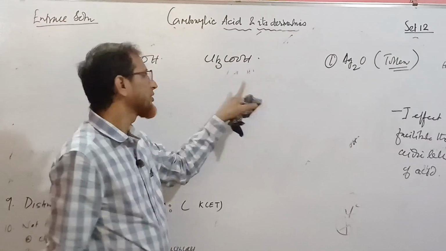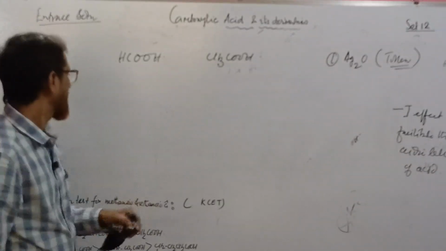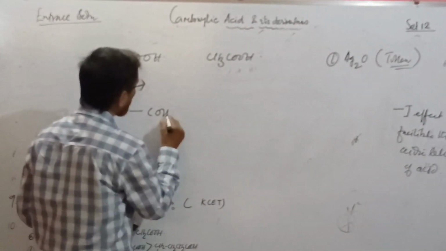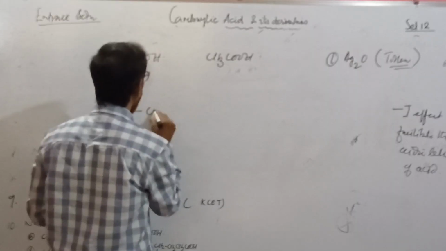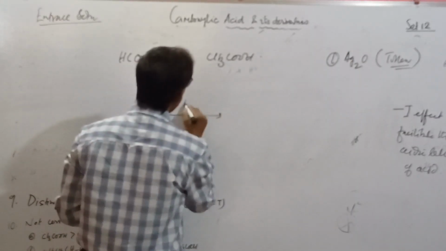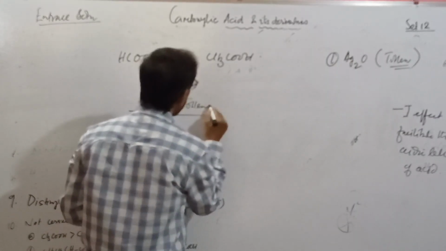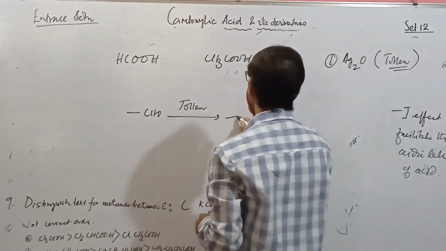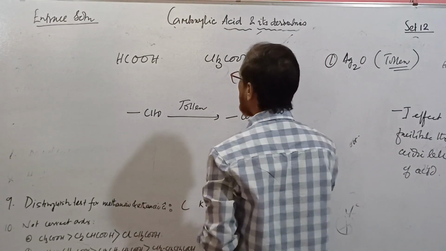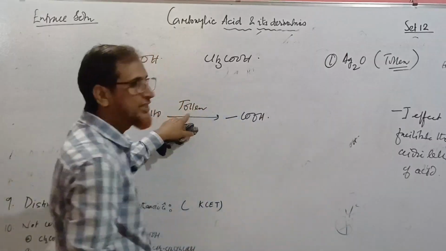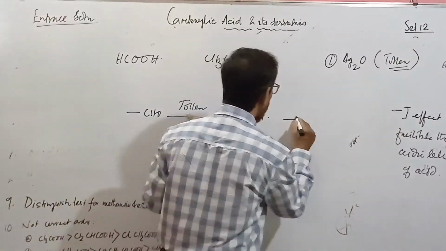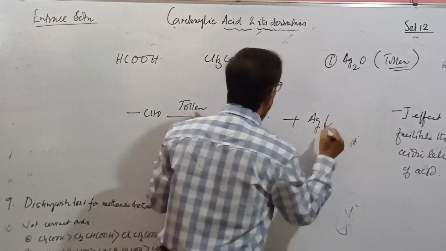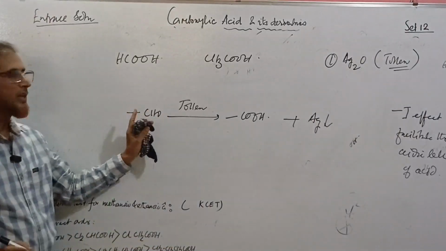You will be confused at this point, because Tollens' reagent very often acts upon the CHO group of an aldehyde. It is a mild oxidizing agent, ammoniacal silver nitrate solution or Ag2O, and it oxidizes the CHO group to a COOH group, and it itself gets reduced to give you silver.